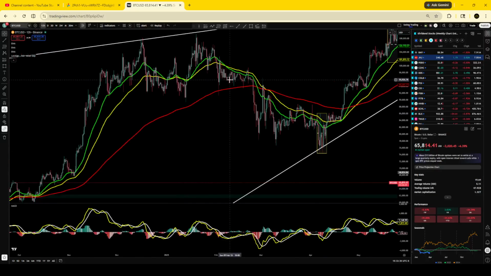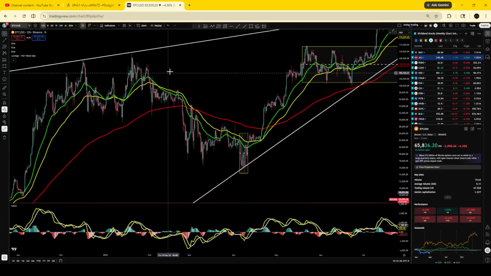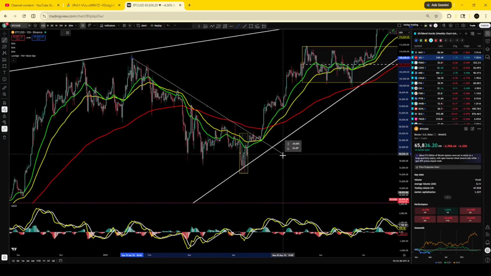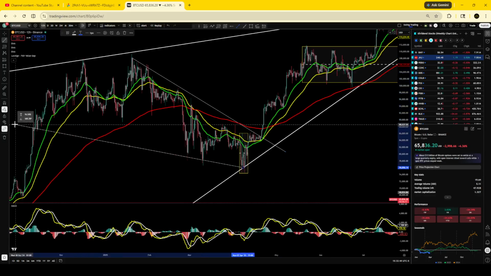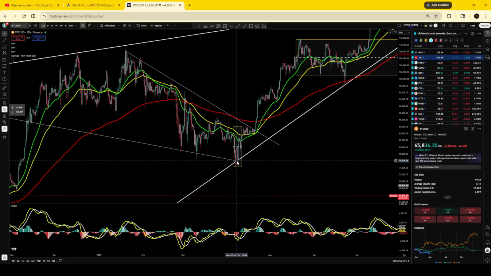And I'm pretty sure if I draw some trend lines, we will be breaking out of something. Yeah, this is a falling wedge.